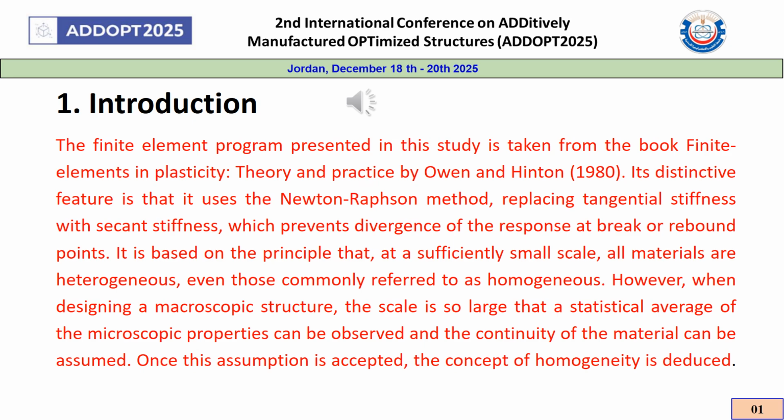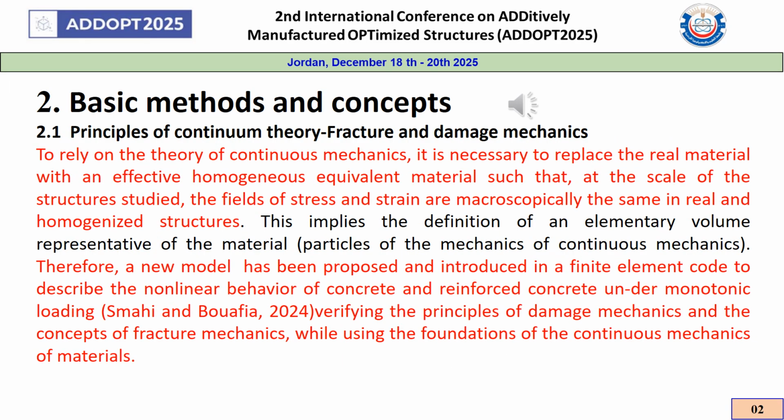Once this assumption is accepted, the concept of homogeneity is deduced. Relying on the theory of continuum mechanics, it is necessary to replace the real material with an effective homogeneous equivalent material, such that at the scale of the structure studied, the fields of stress and strain are macroscopically the same in real and homogeneous structures.